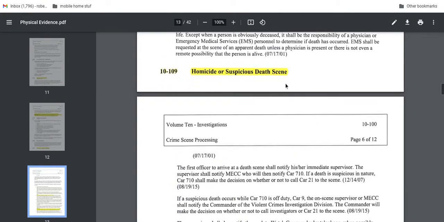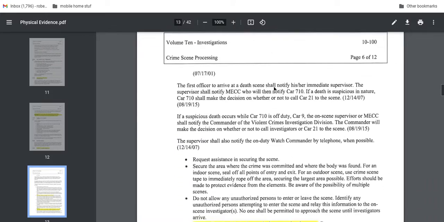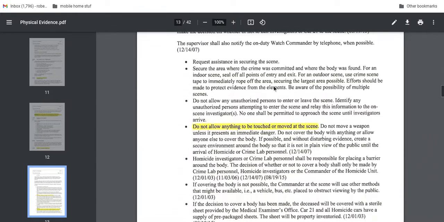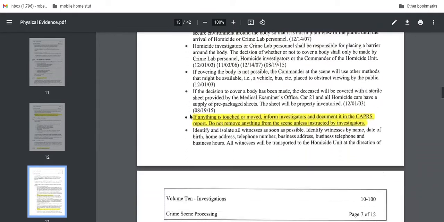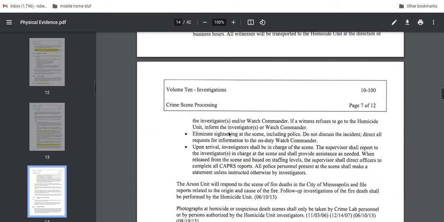Homicide or suspicious death scene, what to do, including not to allow anything to be touched or moved at the scene. If anything is touched or moved, inform investigators and document it in KPARs. Do not remove anything from the scene unless instructed by investigators.